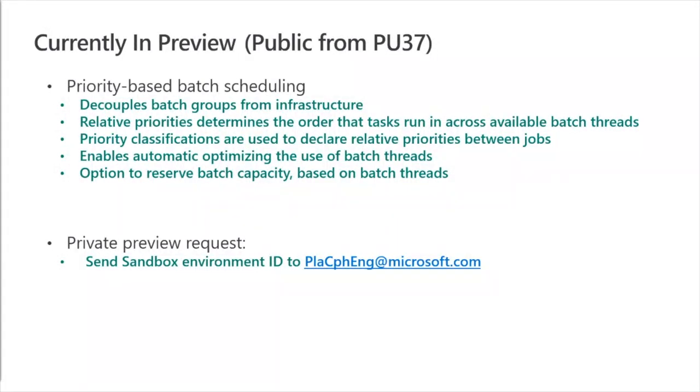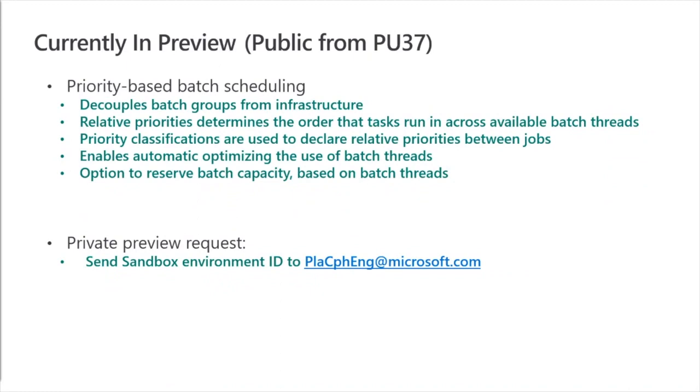And your work in this is to prioritize the classification and declare the relative priorities between jobs so the batch is processed in the most optimal way for you. And I will come back to that in my demo. But it does enable automatic optimization and use of batch threads. And there is even an option for very critical jobs to reserve batch capacity.